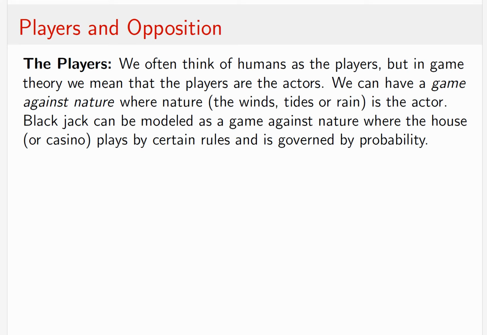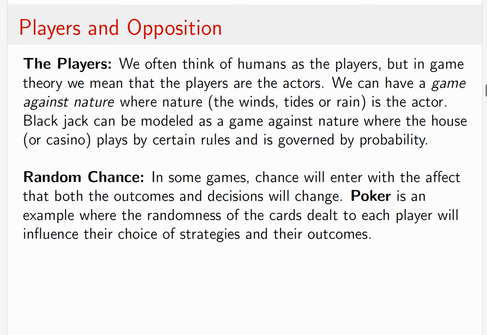Games against nature really did start meaning nature, where we might be talking about the wind or the tides, or the rainstorms, right? That might be the actor in the game. And even in games like poker, where there's a piece of the game that's unknowable because of random chance, the dealing of the cards is random, and that influences the strategies or the possible outcomes. So that's what we mean by the players.